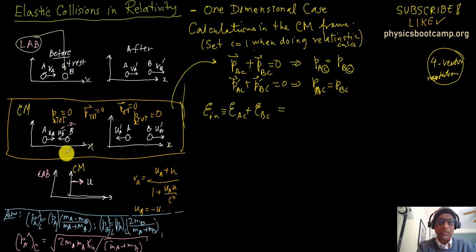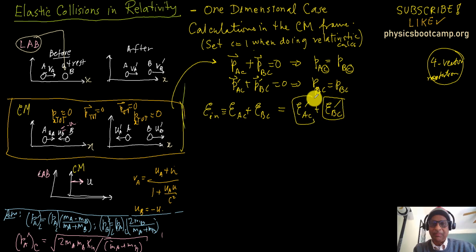This is the before, and it has to equal the after: EAC prime plus EBC prime. So we want to solve for these guys, maybe this one or this one. These are known. Okay, so how do we do it?